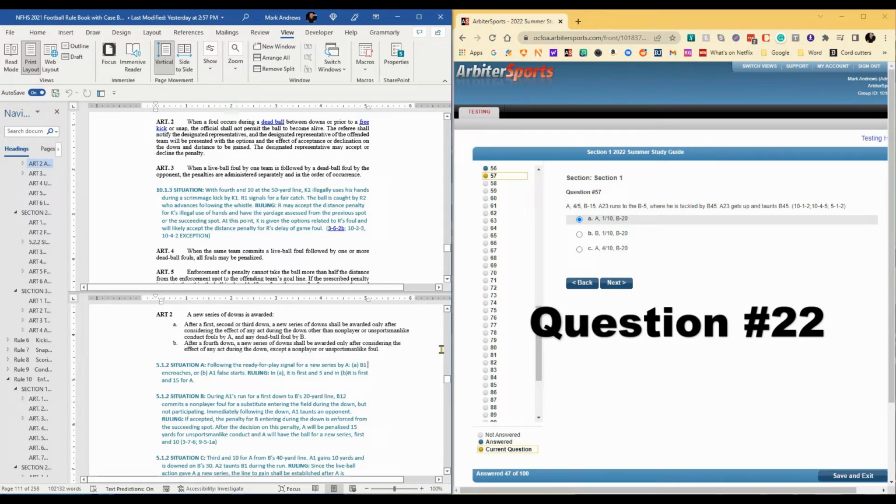So even if this unsportsmanlike act had occurred during the play, it would not affect the outcome in terms of whether it's fourth down or not, or whether B gets the ball or not. So we're going to enforce from the B5. It'll be first down. Take it back 15 yards. The answer is A, first and 10 at the B20.